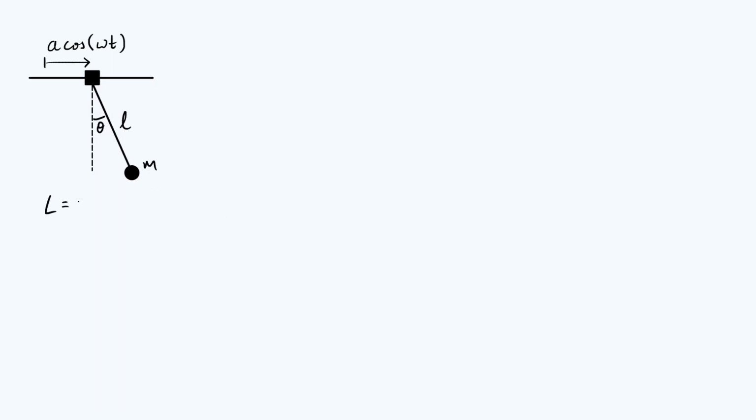We need to know that the Lagrangian is T minus V, kinetic minus potential energy. As we did last time, we want to write down the Cartesian coordinates of the mass. Here, the only mass involved is the bob of the pendulum. The x-coordinate of the bob of the pendulum, in other words, just the horizontal displacement from some reference point, well, you've automatically got a horizontal displacement of A cos omega t from the support.